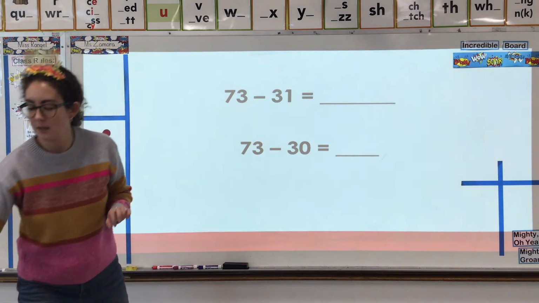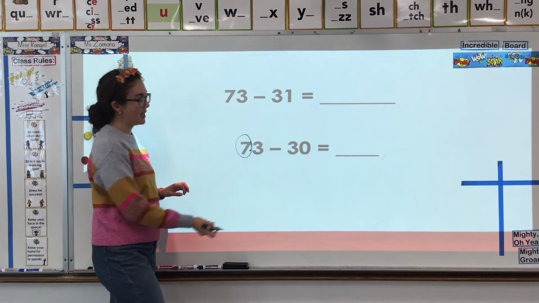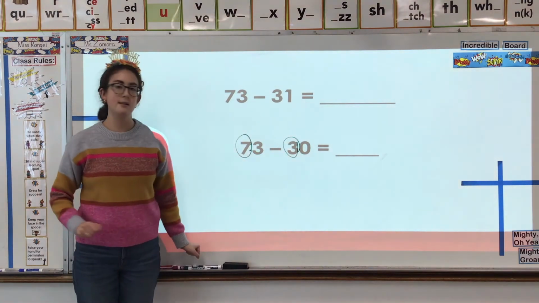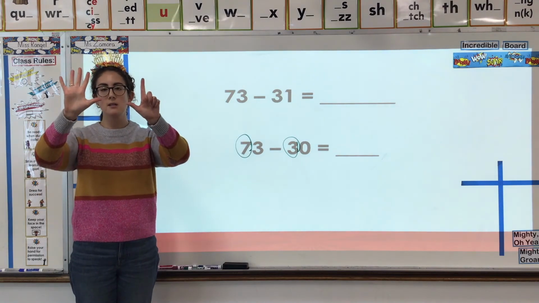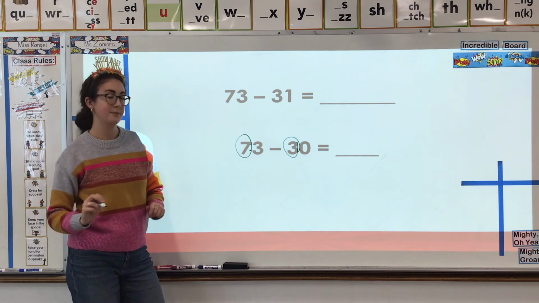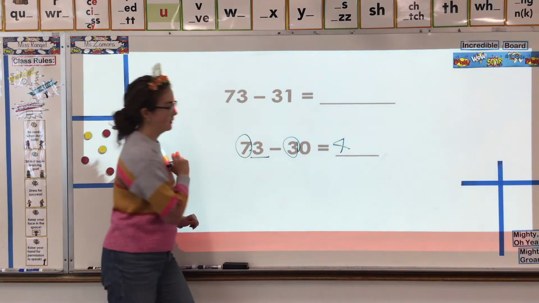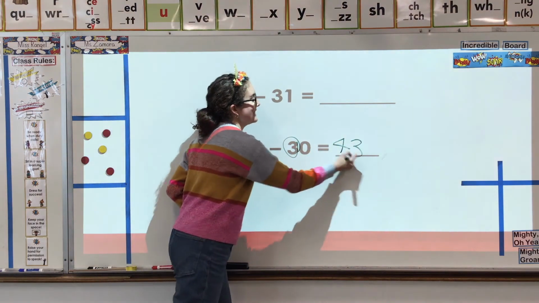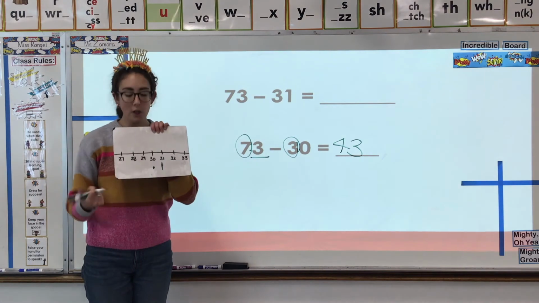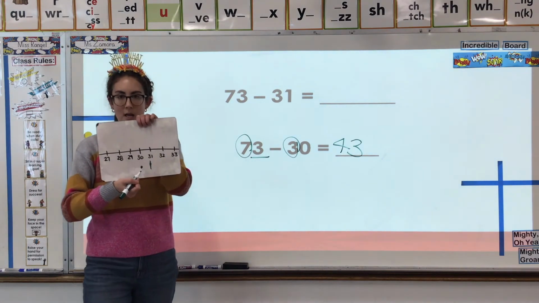And what would that be? 73, 7 tens, minus 30, 3 tens. 7 minus 3. What would we get? 4 tens. Exactly, 43. So we took away 3 tens, and we know that's 43.